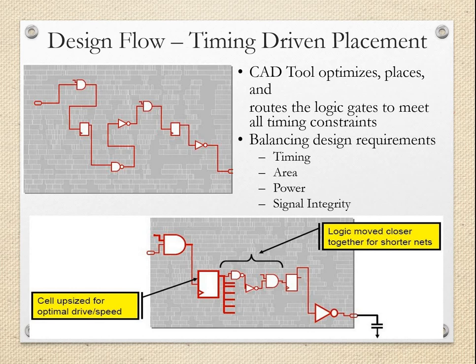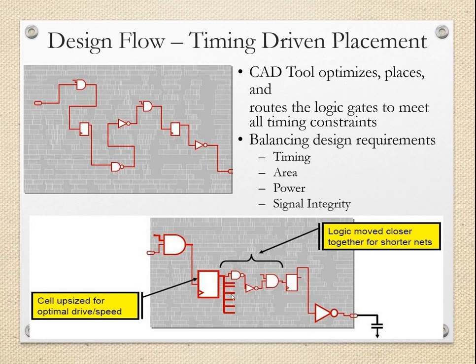Then we have to consider the timing constraints also while doing the placement. The CAD tool optimizes, places and routes the logic gates to meet all the timing constraints. So we have to place the design and check the path length and the path delay. Here you can see in this diagram that the cell is upsized for the optimal drive or speed.